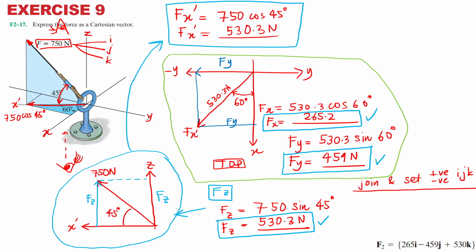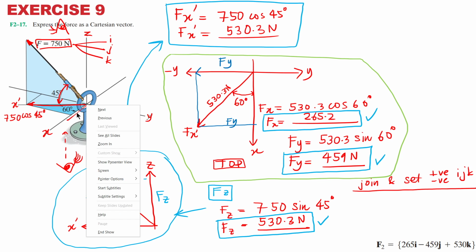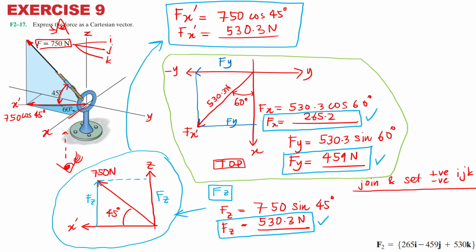Fx, the value Fx is this one. It's in this direction, so it is positive. So this will be the F resultant. The value is positive, so 265.2 i. How about Fy?